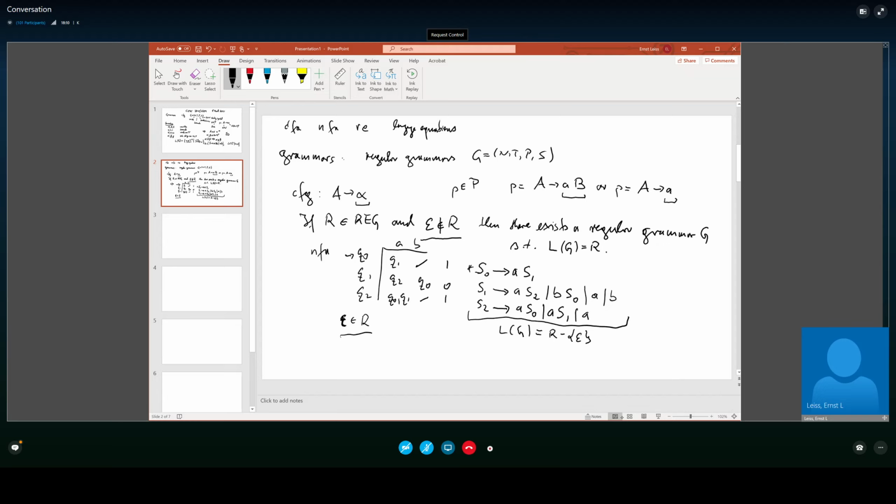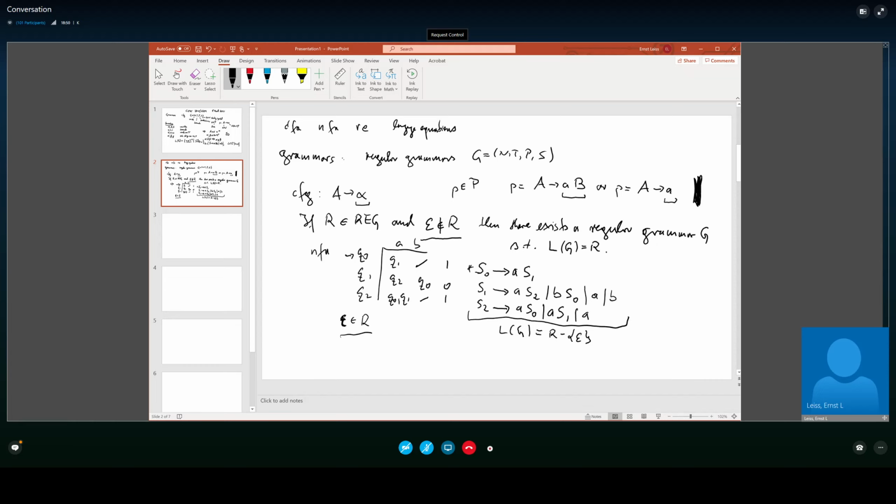The epsilon is, of course, accepted by this non-deterministic finite automaton, but there is no way that this can be done with a regular grammar because in order to generate epsilon, you need to have a production that generates epsilon. And obviously, this is not permitted in the form of the productions for a regular grammar, and therefore the thing that we can't generate is the epsilon.